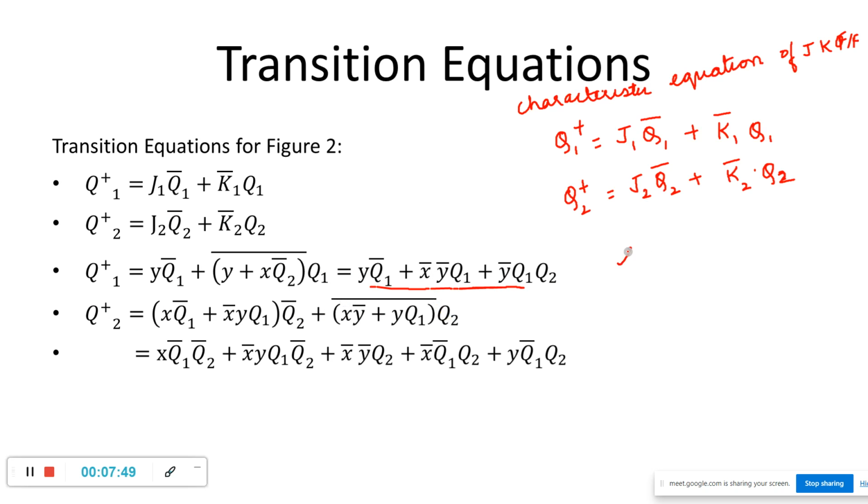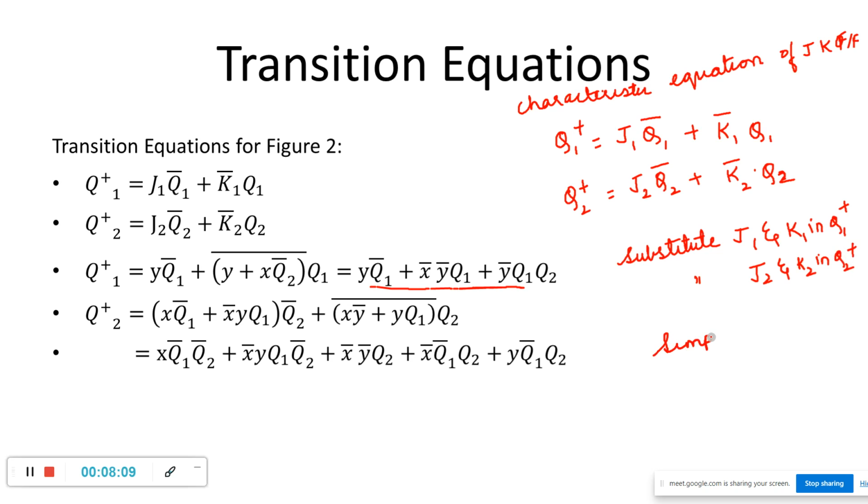So what you have to do here? You have to substitute J1 and K1 in Q1 plus and substitute J2 and K2 in Q2 plus.